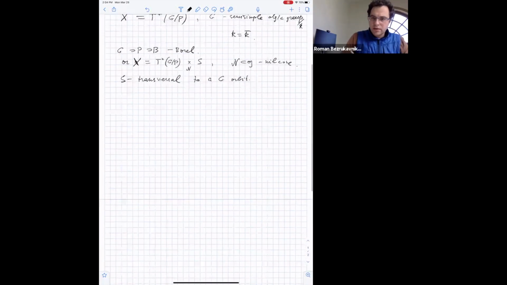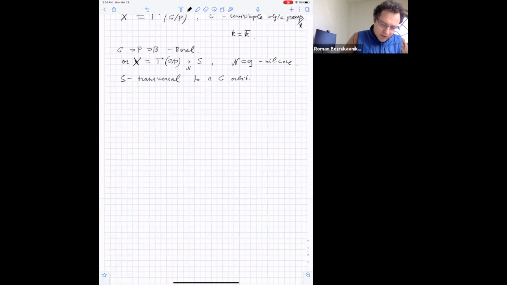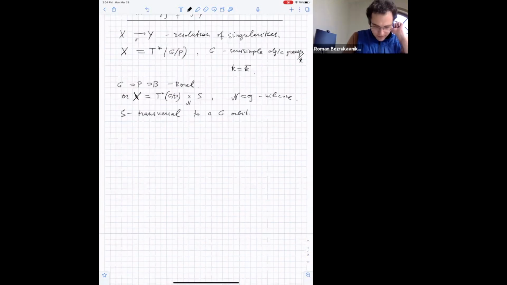And Y is just the spectrum of the ring of global functions on S. So Y is the normalization of a finite covering of a nilpotent orbit.